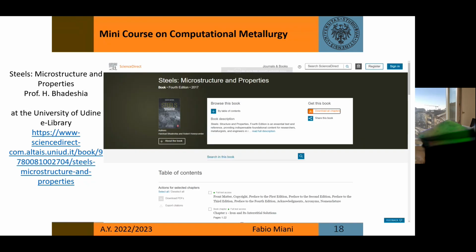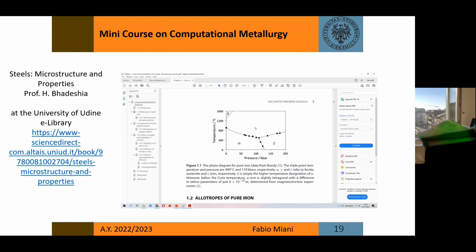In this book, Steels: Microstructure and Properties by Professor Bhadeshia, you will find on page 3 a phase diagram for pure iron in the alpha, gamma, and epsilon form. We are used to standard pressure, so not kilobars, just standard atmospheric pressure, 1 bar.